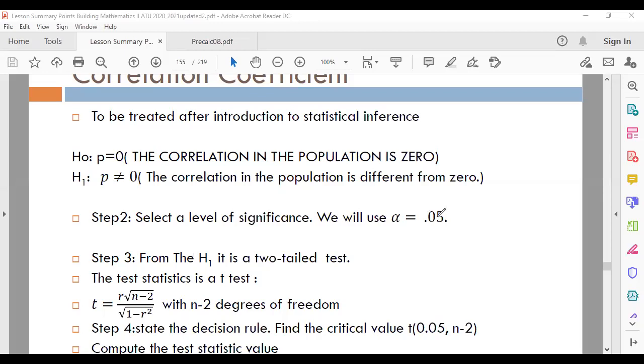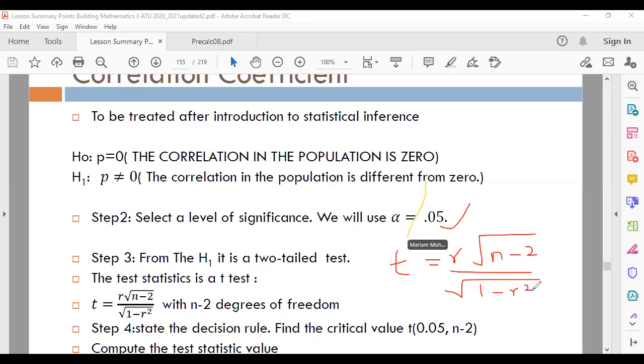Good. Then the next step will be to select your significance level, like any hypothesis testing. The third step is to select your test statistic. Now here, the test statistic is going to be T equals the R value you calculated times the square root of sample size minus 2, over the square root of 1 minus the R you calculated squared.